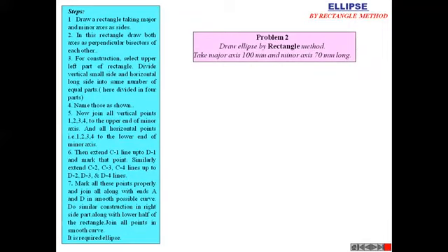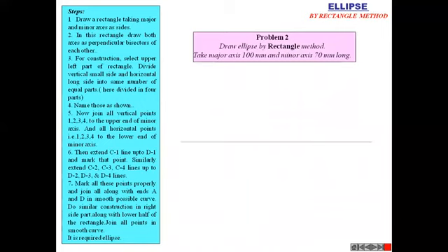First we see the rectangle method and the steps taken. In the rectangle method, the major axis is 100 mm and the minor axis is 70 mm long. First draw the rectangle.